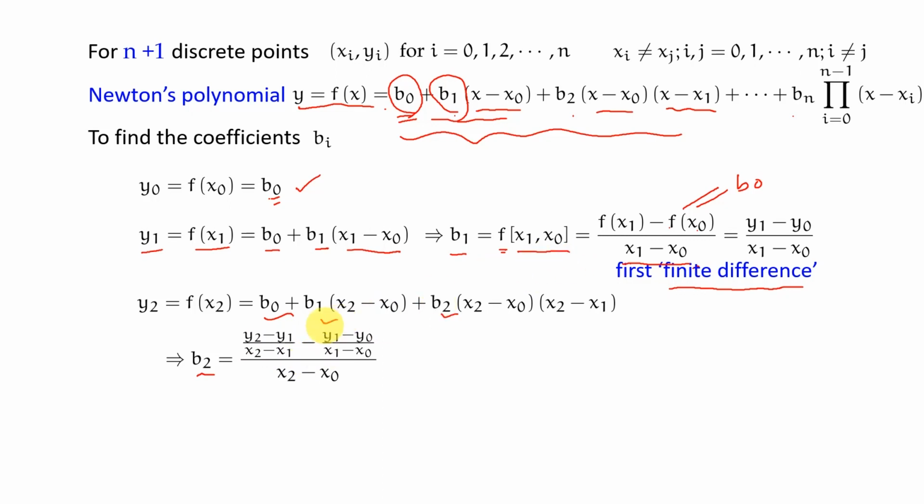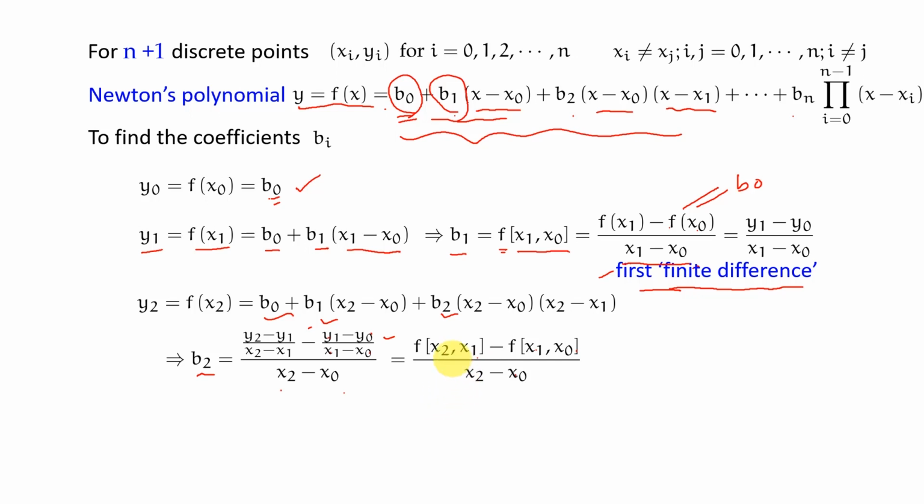You can see this is very similar to this first finite difference. Similarly, the second term is y1 minus y0 divided by x1 minus x0. This is also another first finite difference, divided by x2 minus x0, and I can write this as the first finite difference of x2 x1 minus the first finite difference of x1 x0, divided by x2 minus x0.